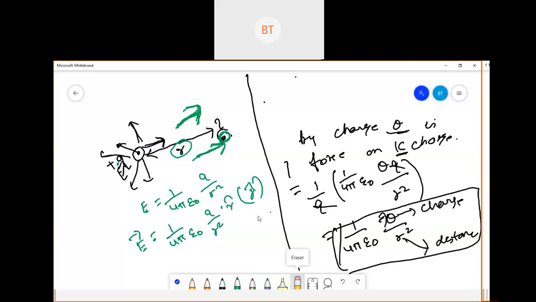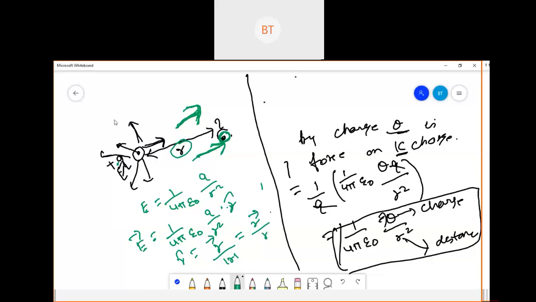So let us remove this. This is the r cap. Here unit vector r cap equals r vector upon magnitude of r. So I will write it as r vector upon the magnitude r, so it will be positive only.